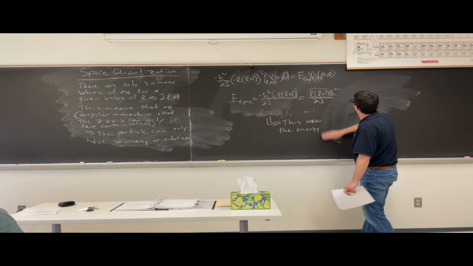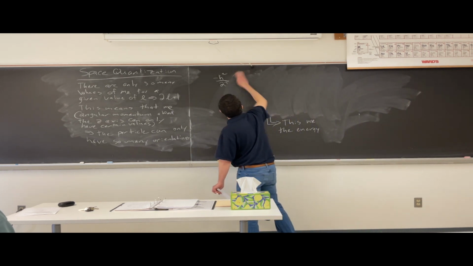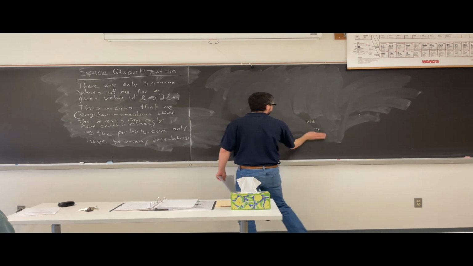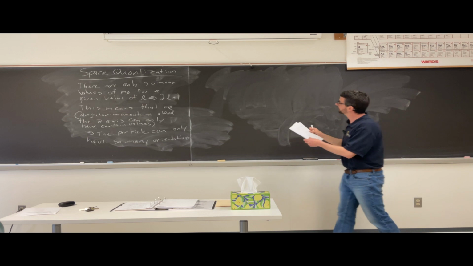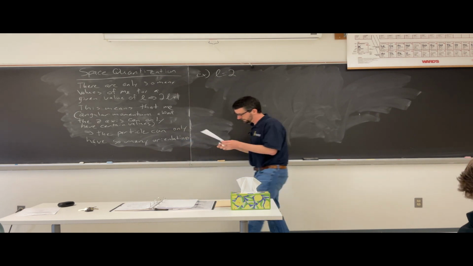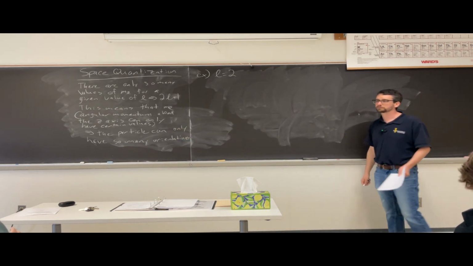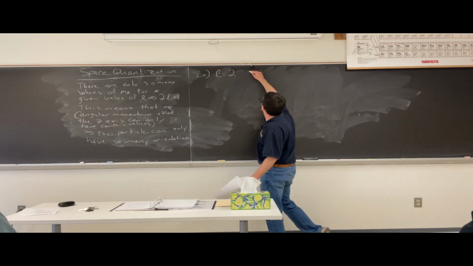So let's try to look at a visual representation of this. Let's look at an example of L equal to 2. What are the possible values of M sub L that we could have?